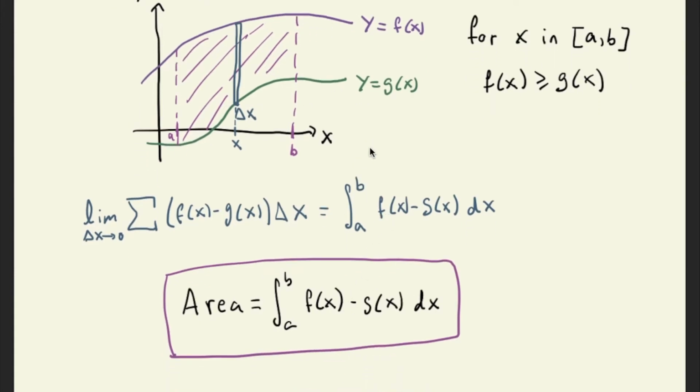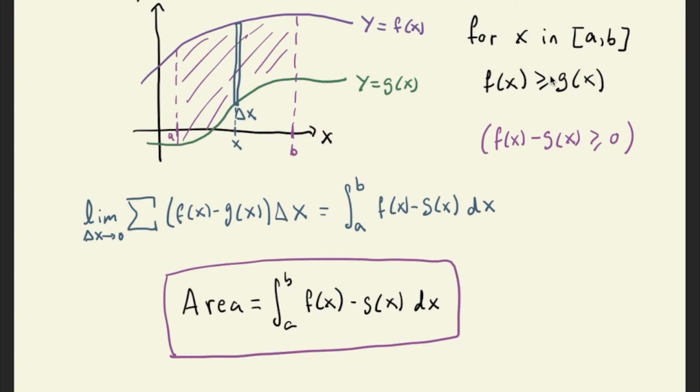This makes it so that f of x minus g of x is a positive number, which is the height of the rectangle, right? So if you, for example, in this equation here, you subtract g of x on both sides, you get that f of x minus g of x is greater or equal to 0, right? So this number here is positive, and it's the height of this rectangle.